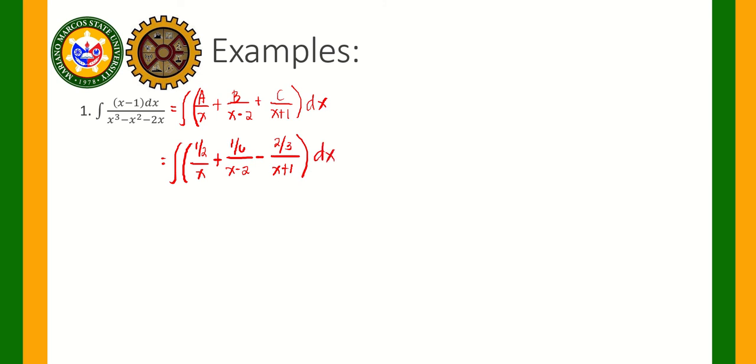Okay? So from there, we can now integrate separately. So this is equal to the integral, okay, labas na lang natin si constant. So, this is equal to 1 half the integral of dx over x plus 1 over 6 the integral of dx over x minus 2. And then minus 2 over 3 the integral of dx over x plus 1.